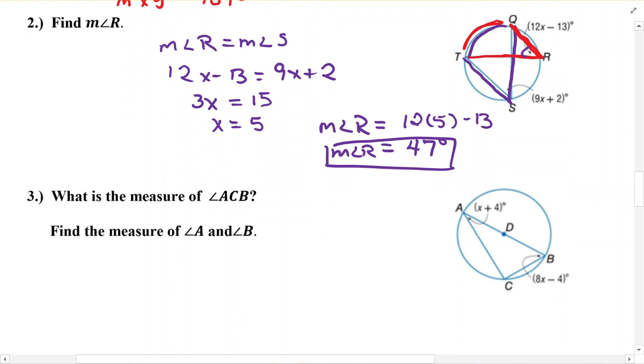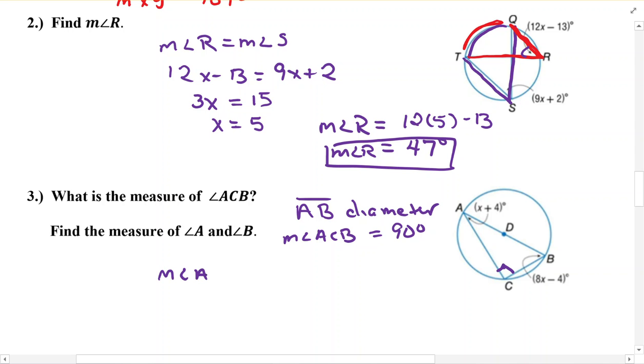We want to find the measure of angle A and angle B. Well, we know that AB is a diameter. That makes the measure of angle ACB 90 degrees. This has to be a right angle. So we know that the measure of angle A plus the measure of angle B has to equal 90 degrees because 90 plus 90 is 180. So the measure of angle A was x plus 4, plus 8x minus 4 equals 90.